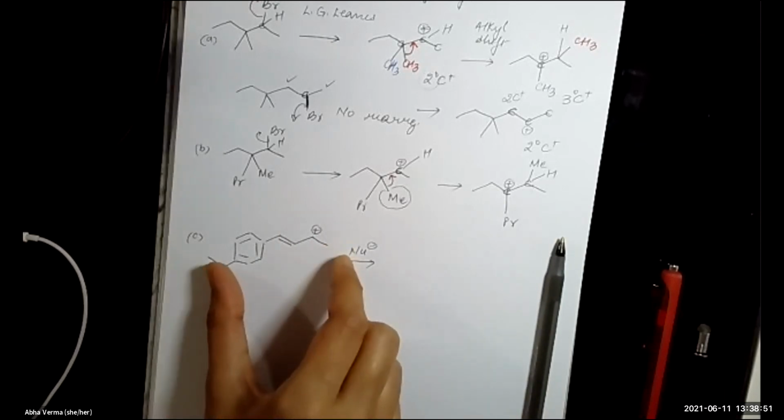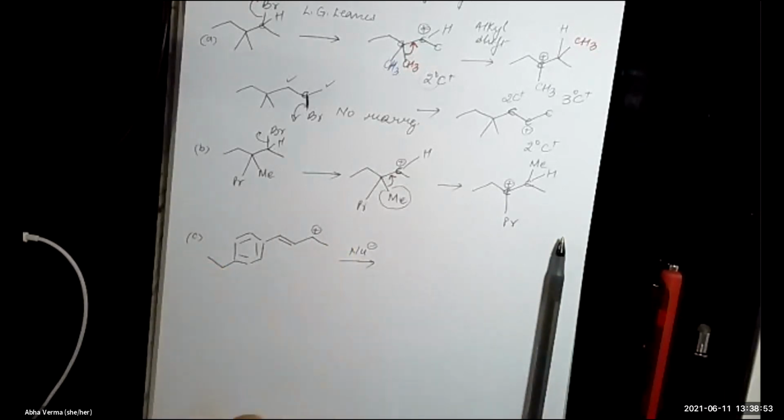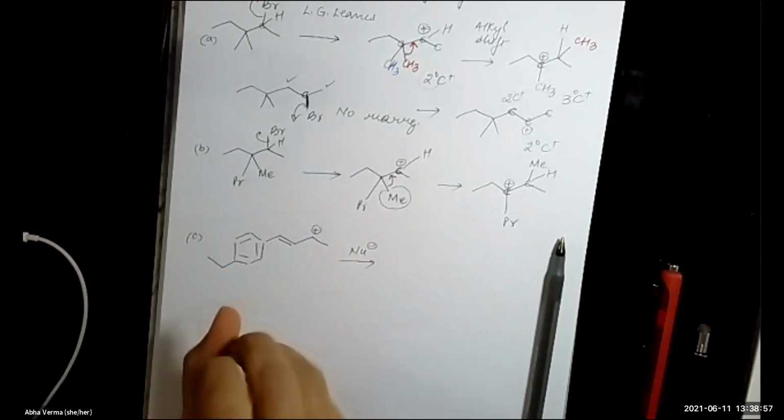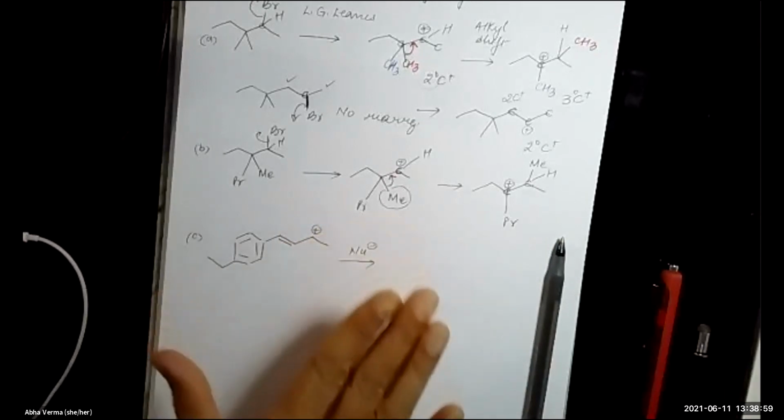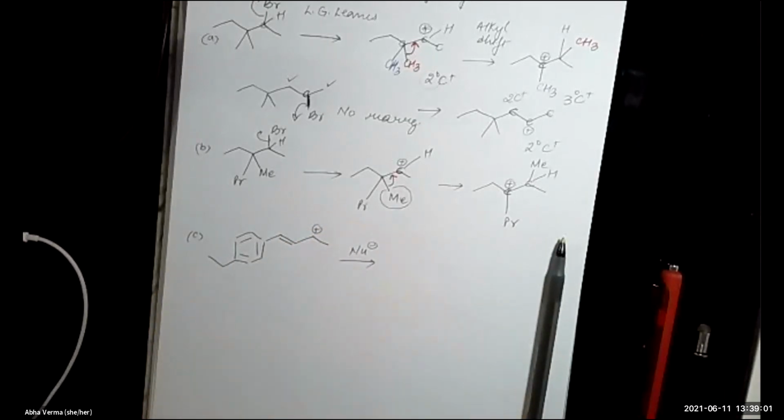So remember, whenever you look at a carbocation, always think about what? Rearrangement. Is there a possibility of having a more stable carbocation? Armani, are you here? Armani? Yes. Okay, great, Armani.